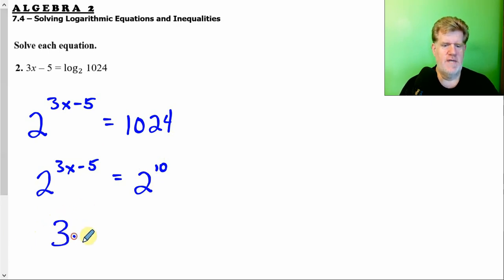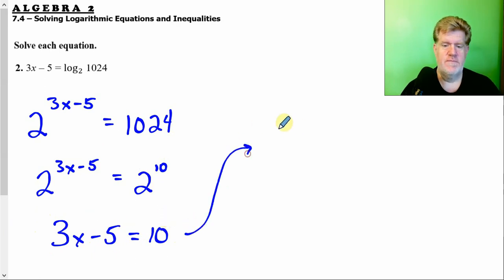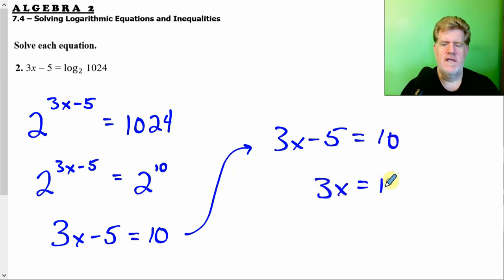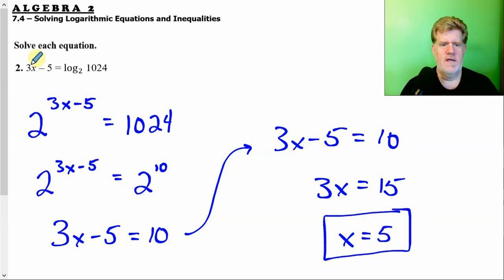Either way, it doesn't matter because we're just going to solve the exponents because the bases are the same. So I'm going to add 5 to both sides and then divide by 3. So x equals 5. 3 times 5 is 15. 15 minus 5 is 10. Means 2 to the 10th power is 1024. It's correct.